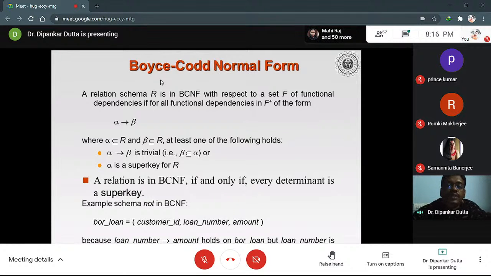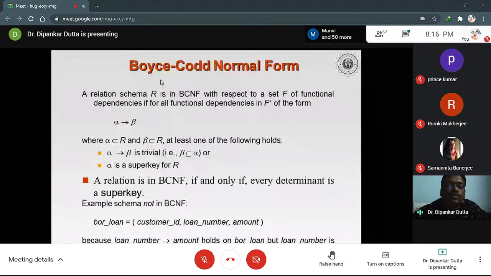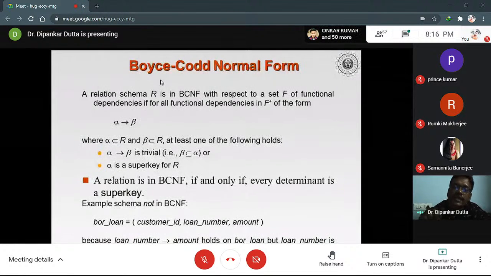But in BCNF, there are two conditions. The third condition is not there. So it is a stringent normal form. In 3NF, if any of these three is satisfied, then it is in third normal form, but in BCNF, if any of these two is satisfied, then it is in BCNF.